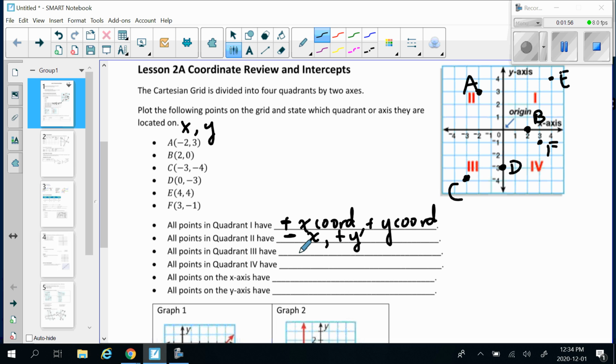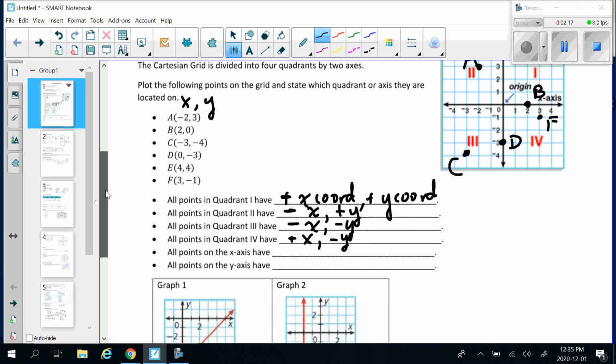If you live in quadrant 3, then both your x and your y are going to be negative, like this point here, C, (-3, -4). And if you live in this quadrant, you're going to have a positive x and a negative y. You're expected to know that.